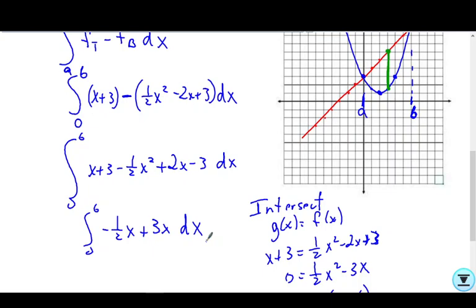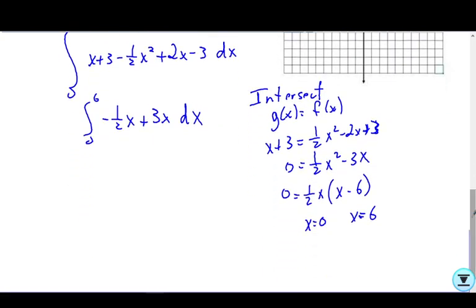And now take the antiderivative. Sorry, this is supposed to be squared. Take the antiderivative, so add 1 to the power. So we get negative 1/2 times x cubed over 3, plus 3x squared over 2, from 0 to 6.